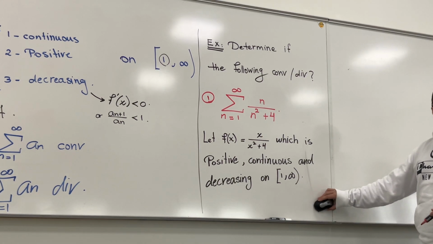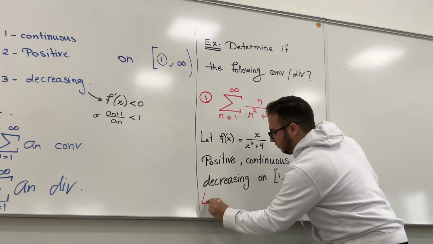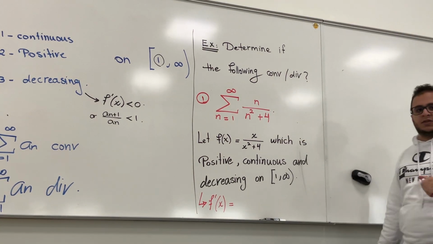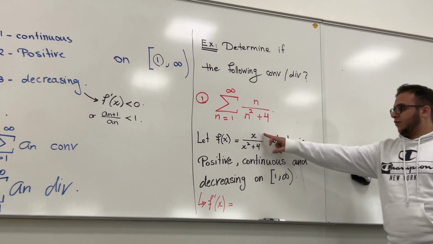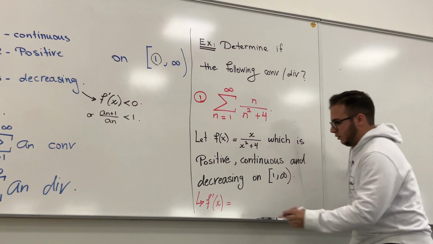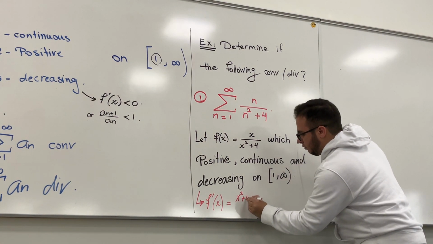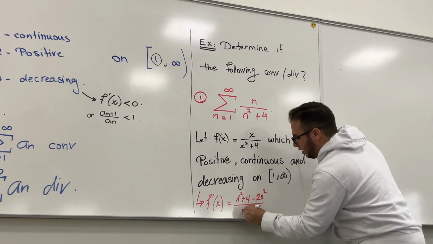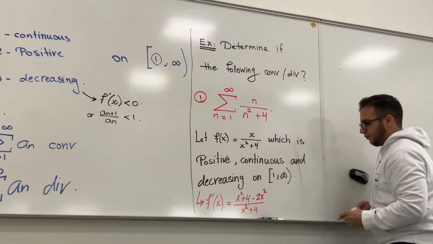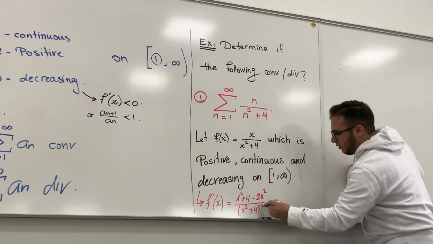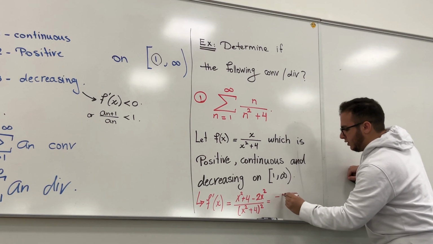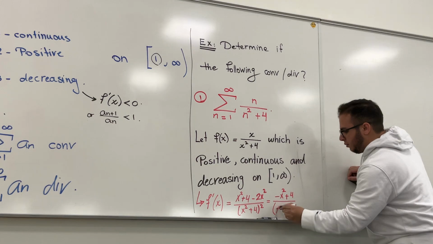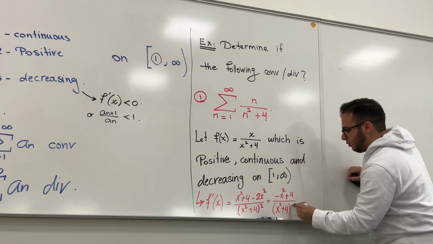Let's compute the derivative. What's the derivative? Quotient rule. What does it say? Derivative of the top times the bottom minus the derivative of the bottom times the top. So 2x squared divided by x squared plus 4 whole squared, minus x squared plus 4 divided by x squared plus 4 whole squared.